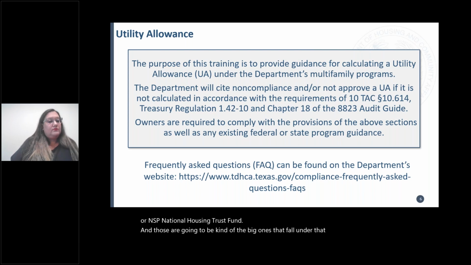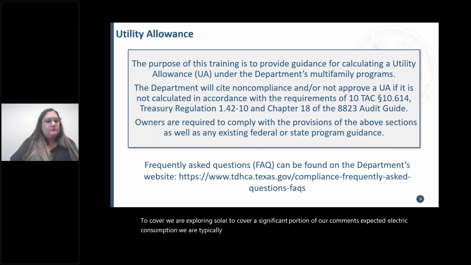Next, for electricity, are we exploring sizing solar to cover a significant portion of our tenants' expected electric consumption? We are anticipating collecting the solar production against the same master meter and sub-metering the remaining usage.